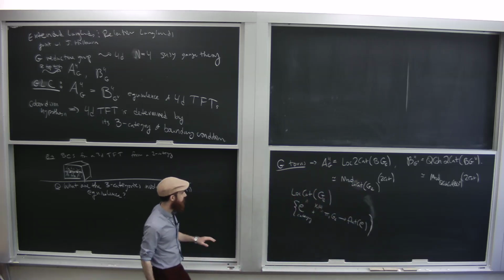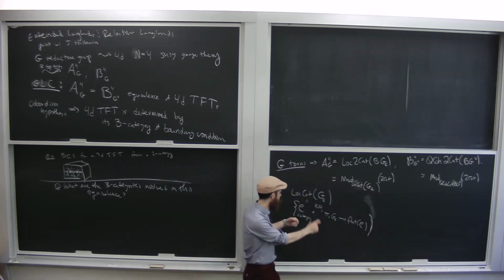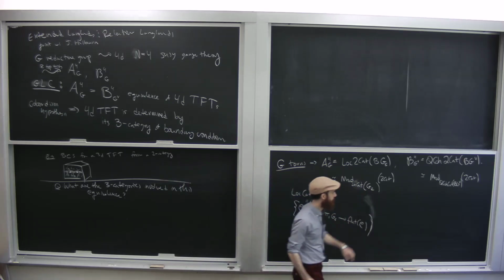A local system of categories is a category together with automorphisms for each loop in your torus.